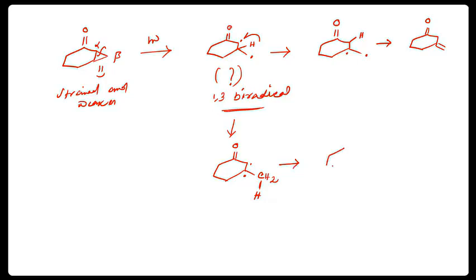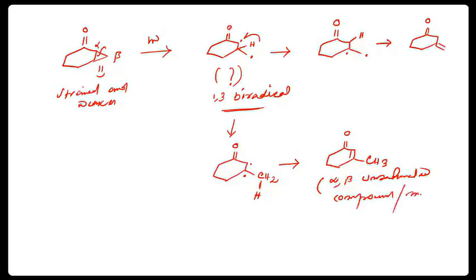We will have these compounds. Similarly, it's an alpha, beta unsaturated carbonyl compound, and it is more stable. Most of this is minor. Okay, so it happens through a 1,2 hydrogen shift.